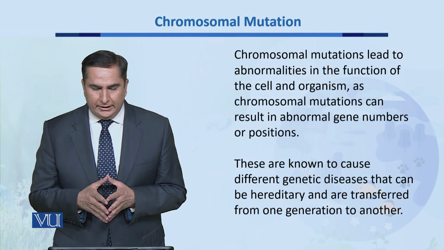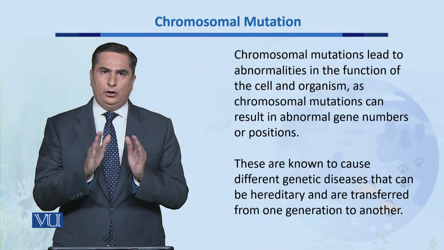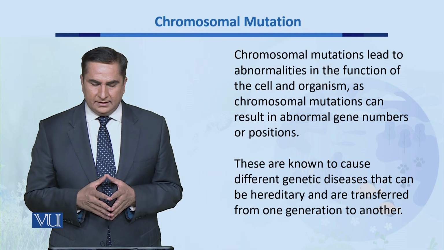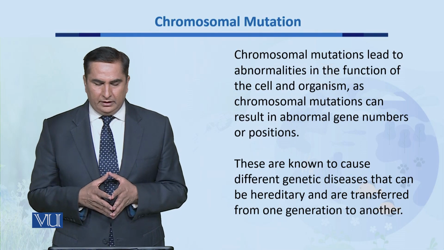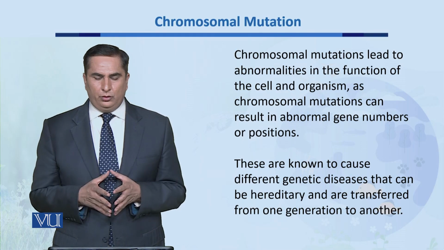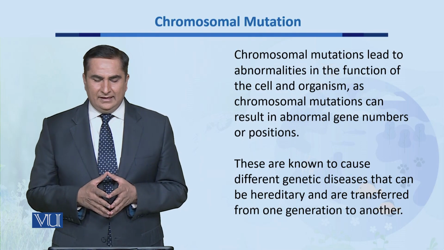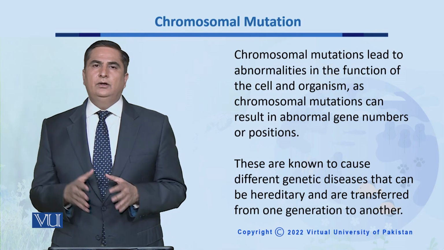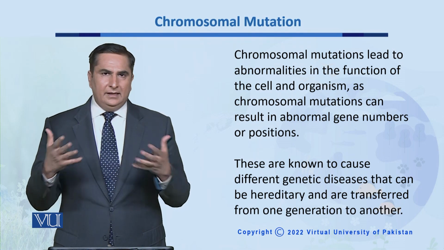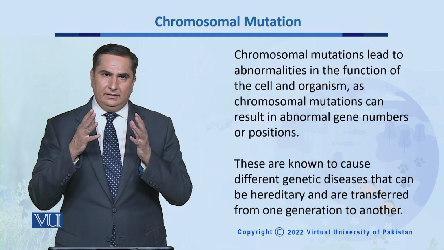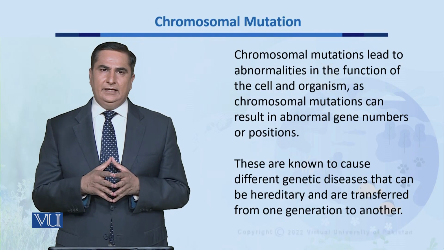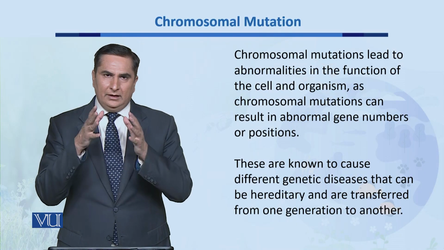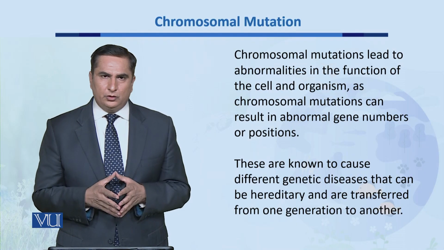Now, these mutations lead to abnormalities in the function of cells as well as organisms, as chromosomal mutations can result in abnormal gene number or positions. These are known to cause different genetic diseases that can be hereditary and are transferred from one generation to another. This results in very serious consequences for the individual who harbors those chromosomal mutations.